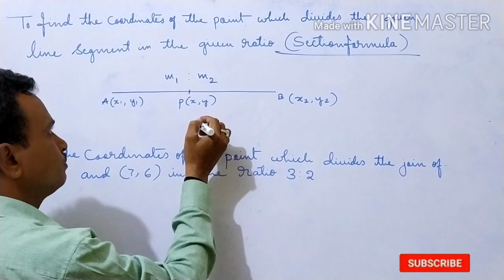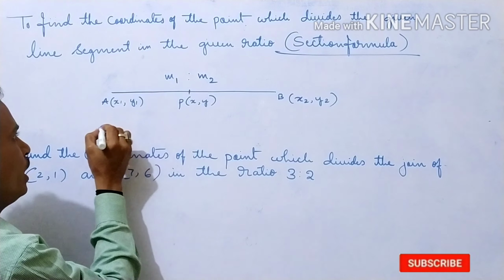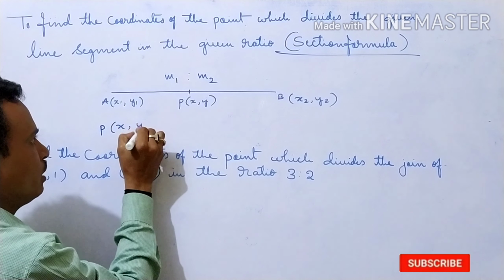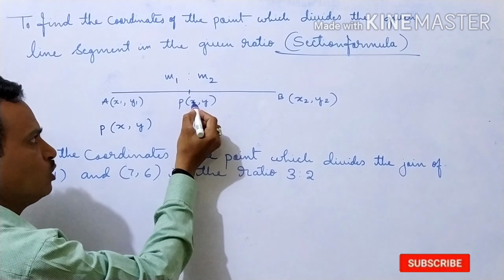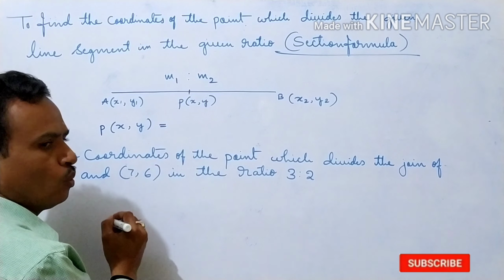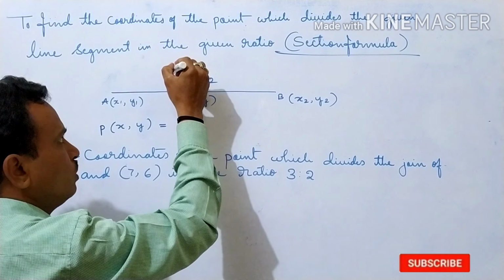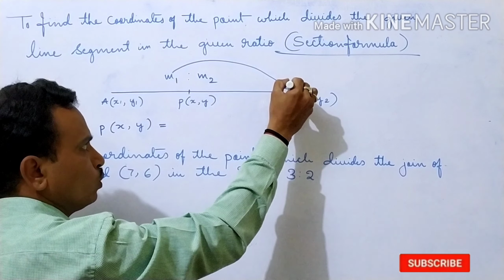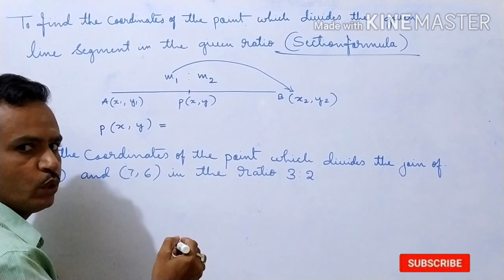Now see here. To find the coordinates of point P, XY, the coordinates of point P, that is XY, is equal to, first M1 into X2.